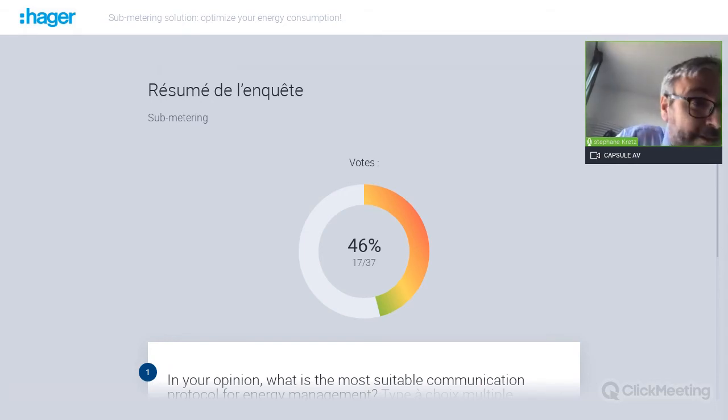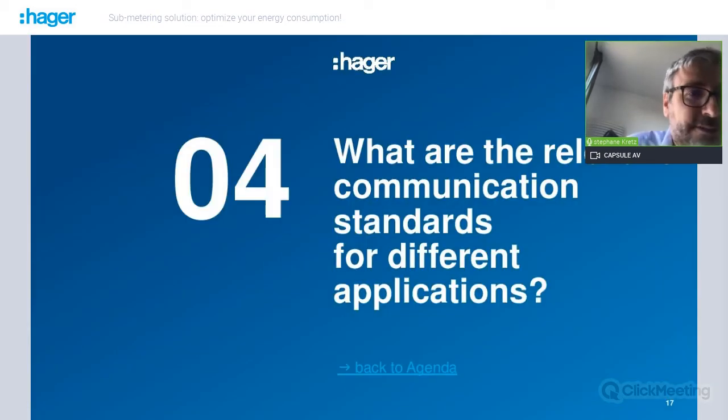Modbus is in first line. 35% of you, so a third, think Modbus is the more relevant protocol. Then we have roughly at the same level, 11% for MBus and KNX, which I'm not astonished by. And then 3% for other protocols. So it's good for me because it's the way of the presentation.